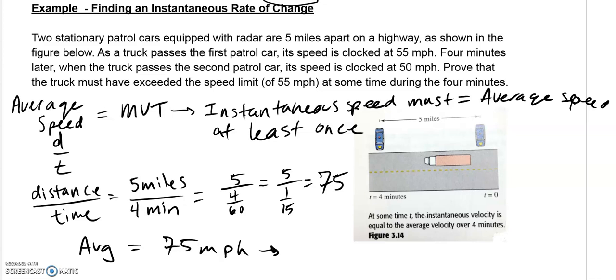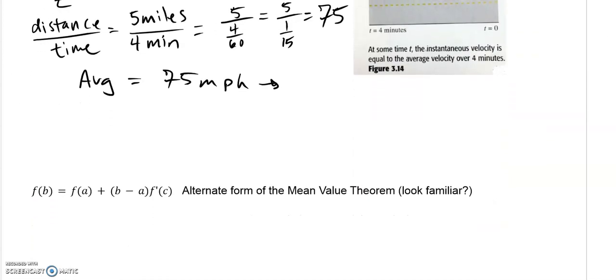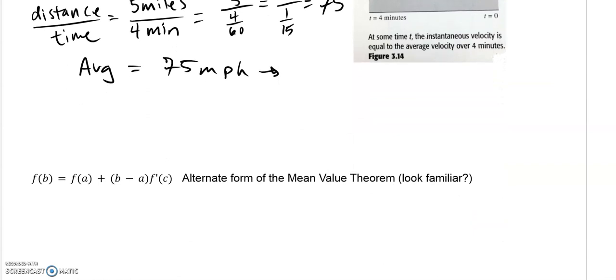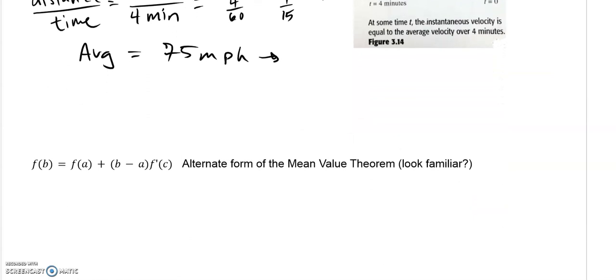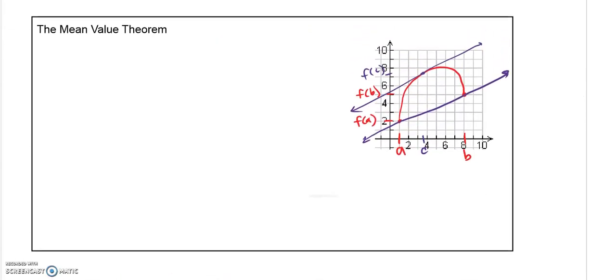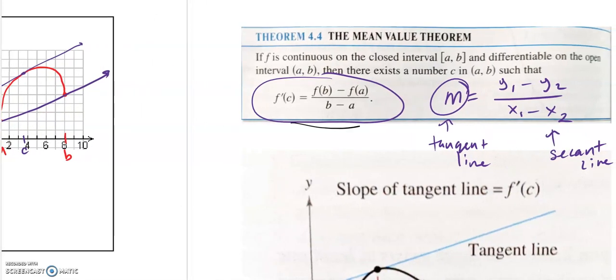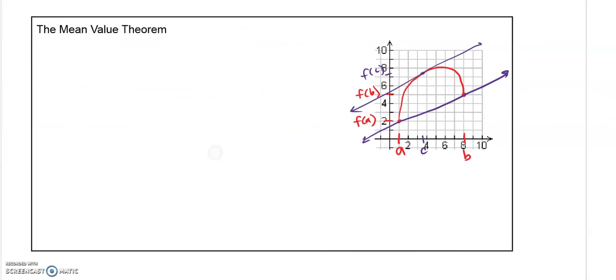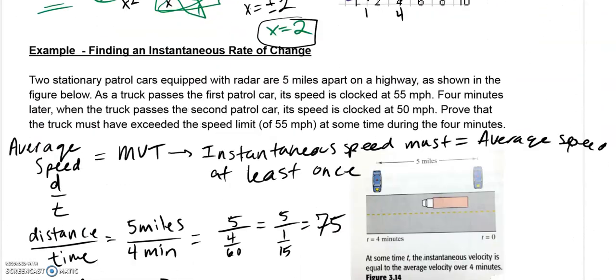Okay, now down here, the alternate form of the mean value theorem, this should look familiar, right? It's just taking the mean value theorem that we talked about up here and rewriting it. So it's the same thing. It's just rewriting it so that it looks like this.